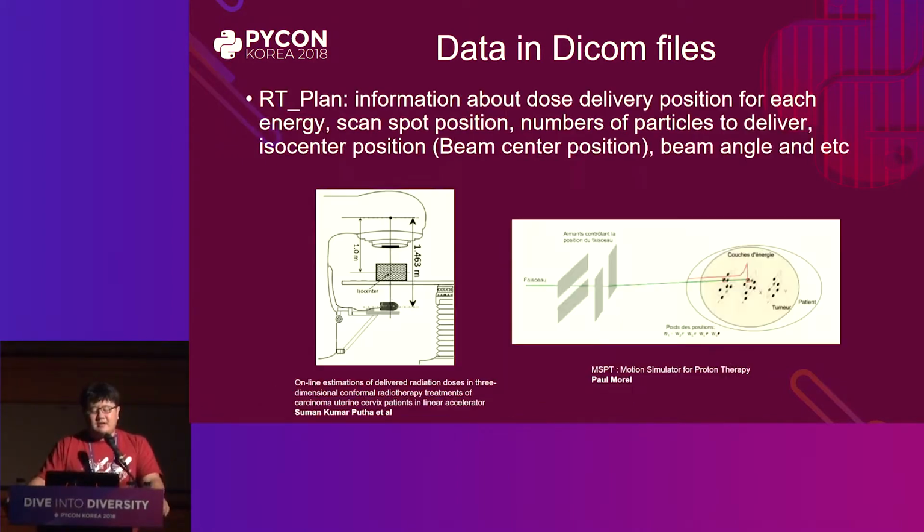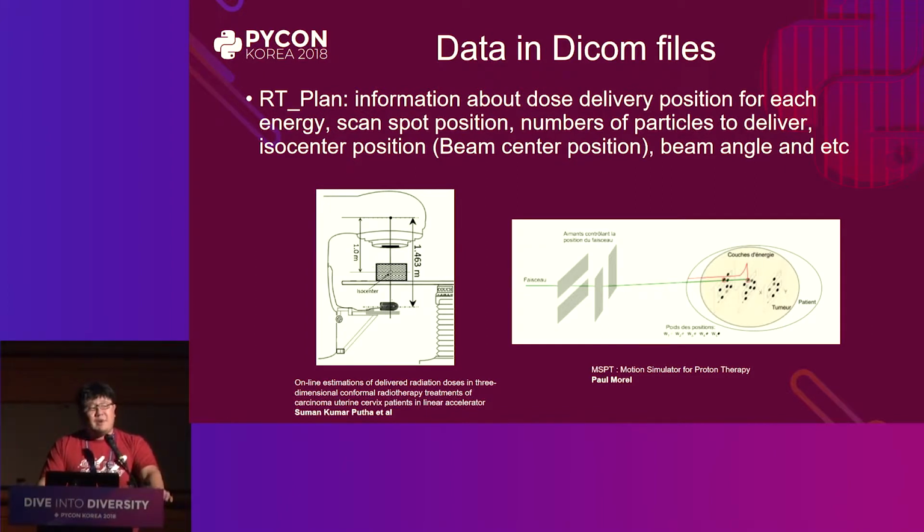And the RT plan contains all the information about your treatment plans. When you have the beam, the radiation should be delivered very accurately. So the position where you are going to deliver the radiation is strictly defined here. There are two pieces of information.